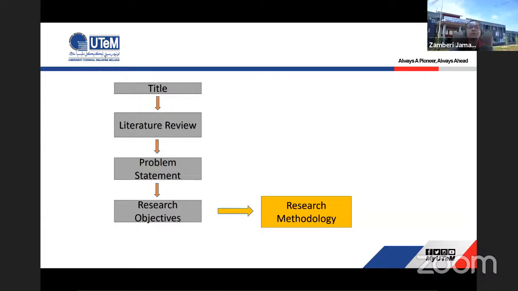So this is where research methodology is very important, because if we wrongly specify our research methodology, then that would impact our research objective. The whole thesis, the whole research work could then be in jeopardy.